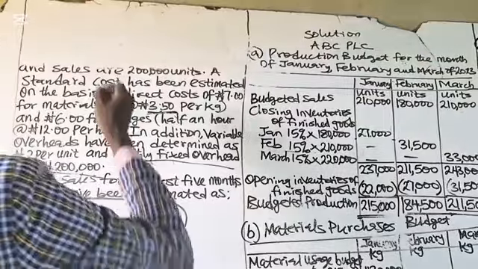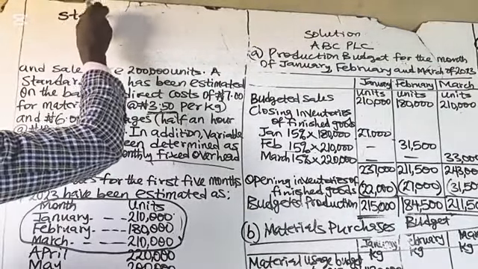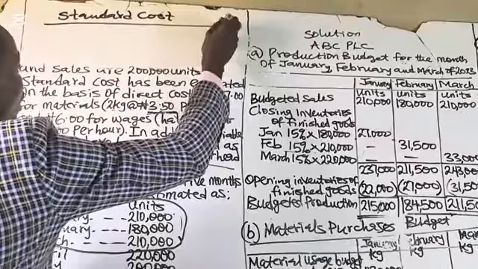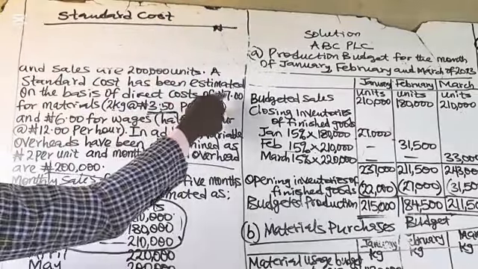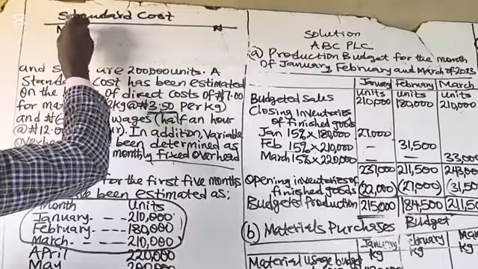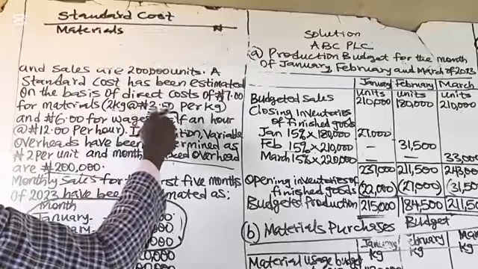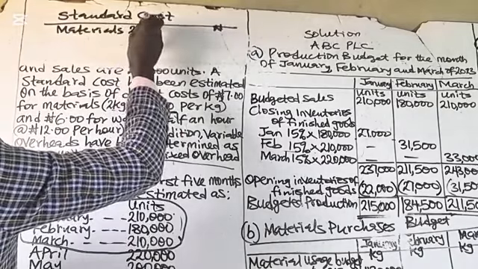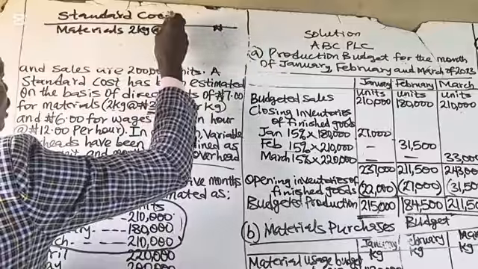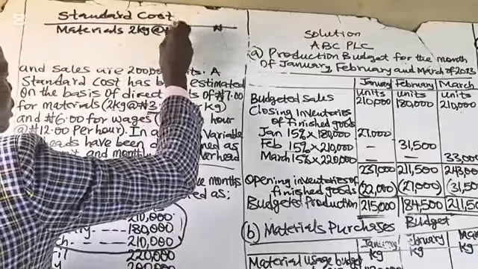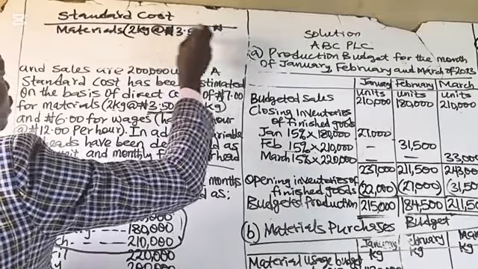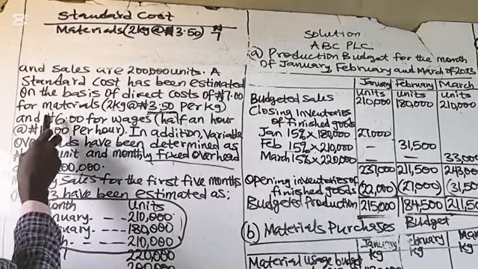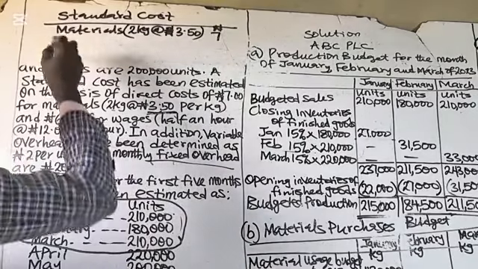Let's have our standard cost. We have materials, 7 naira. This 7 naira was obtained by multiplying 2 kg at 3 naira 50 kobo per kg. That gave you 7 naira for materials. And 6 naira for wages.